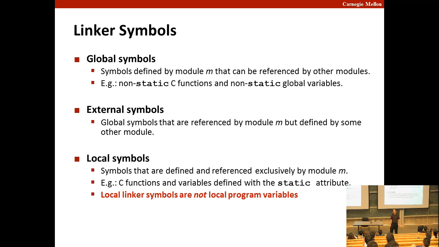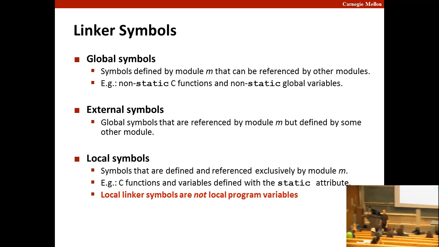So you can imagine I have a file called globals.c, and I declare all of my global variables there. Those are global symbols. You can imagine I have some other file, main.c, mathlib.c, whatever it is, that relies upon some of those global variables.